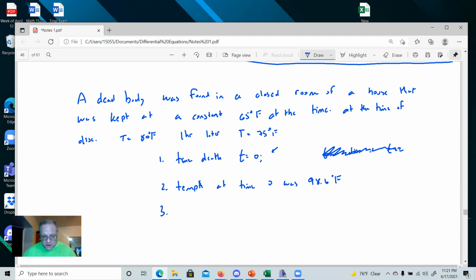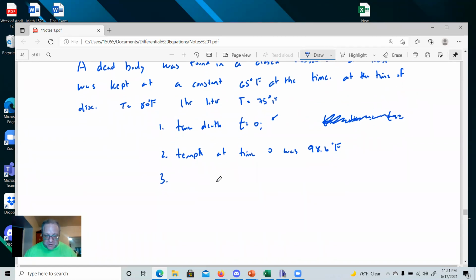And three, they don't tell you this, they don't give you the equation, and I think that's wrong. If I was writing this question, I would include that the change in temperature is proportional to the difference in current temperature and environmental temperature.